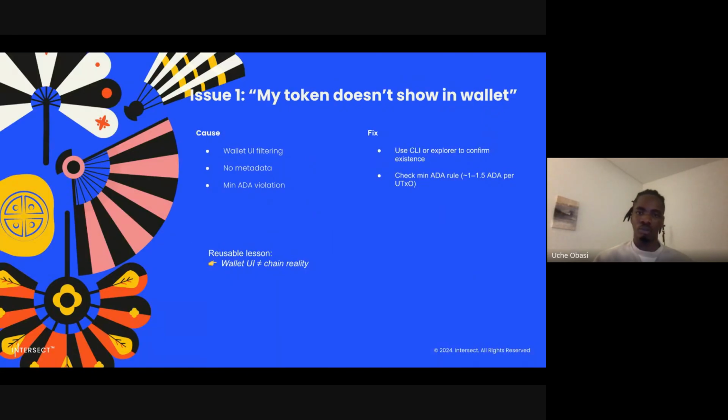Diving deep into some of the common issues you experience, the most common one is my token doesn't show in wallets. It's very, very common. For issues like this, first things first, you need to check to see if the wallet UI is filtering correctly.